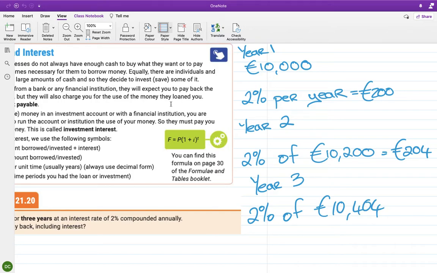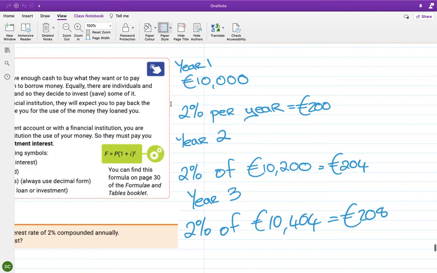So that is bigger again. It's now 208.08. Okay? That's the idea of compound interest. It compounds, as in it builds and builds and builds.